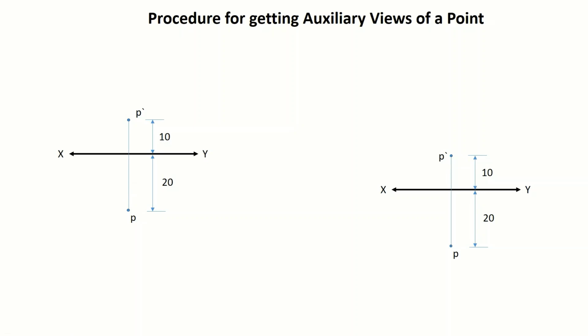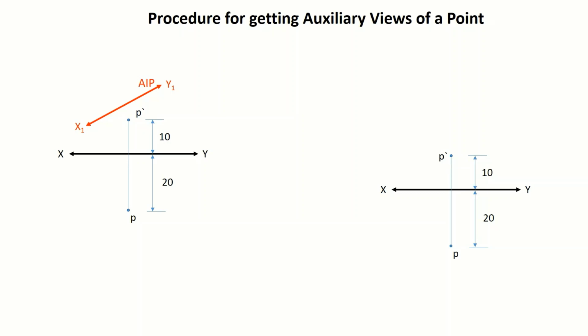The first step for making the auxiliary top view is that we first draw a reference line x1 y1 which represents the auxiliary inclined plane, since the auxiliary inclined plane is going to contain the auxiliary top view. So we draw a reference line x1 y1 which represents the AIP at a suitable distance from P dash.